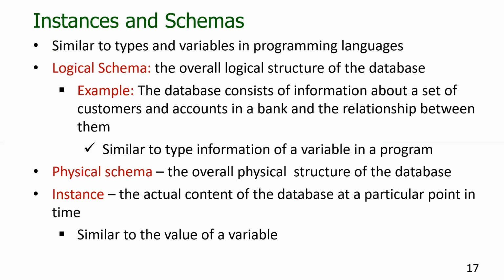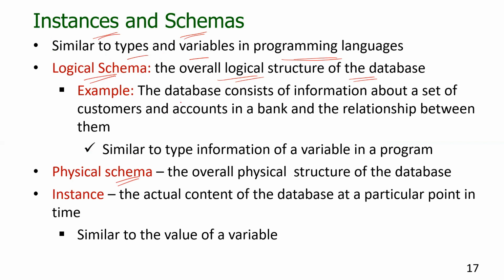Then what is an instance and what is a schema? Instances and schemas are similar to types and variables in any programming language. Based on level, we have the logical schema and the physical schema. The logical schema describes the overall logical structure of the database.